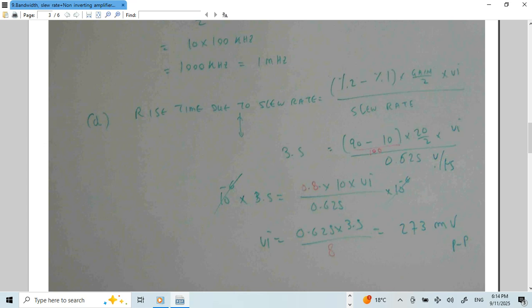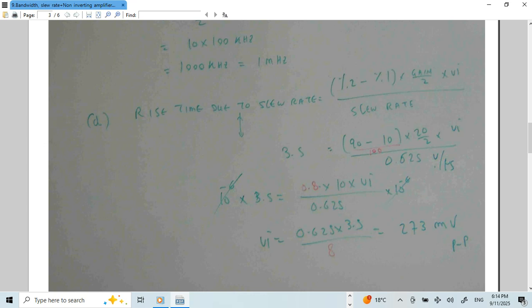So this becomes percentage 2 minus percentage 1, multiplied with K divided by 2, multiplied with VI, and divided by slew rate. Then percentage 2 is at 90 and percentage 1 is at 10.